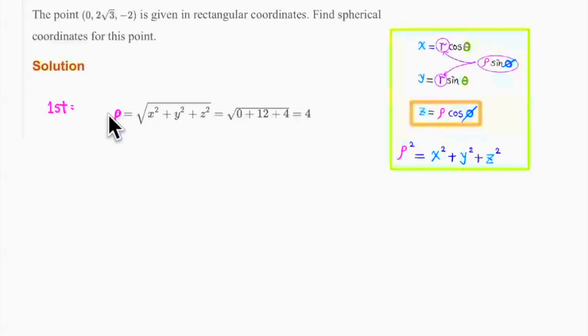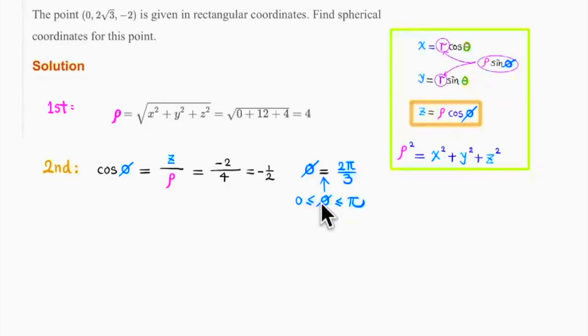After you figure out the value for rho, we can make use of this equation to find phi. From this equation, we get cosine of phi is z over rho, and the result here is negative 1/2. Remember that phi is greater than or equal to 0 and less than or equal to pi, so phi here has to be equal to 2 pi over 3.